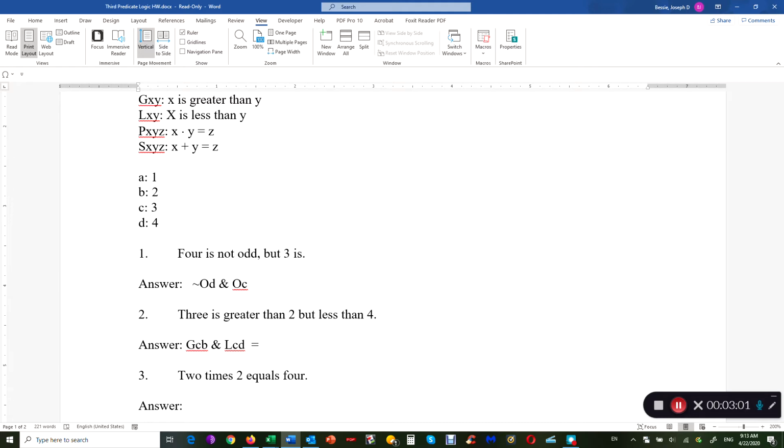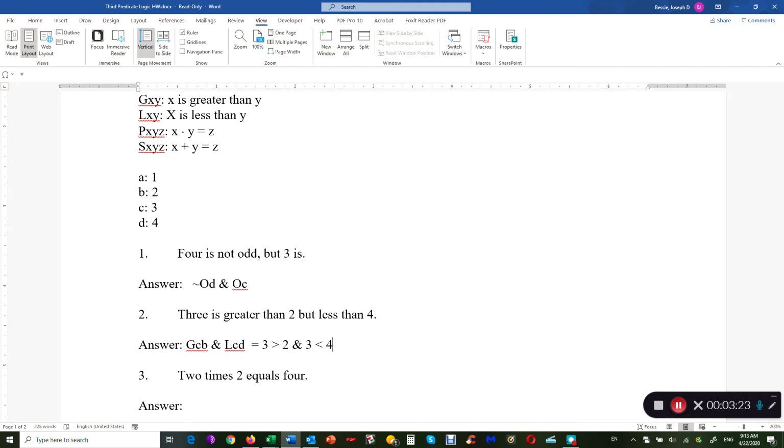If we wrote it in arithmetic symbols, we'd write 3 is greater than 2, and 3 is less than 4.